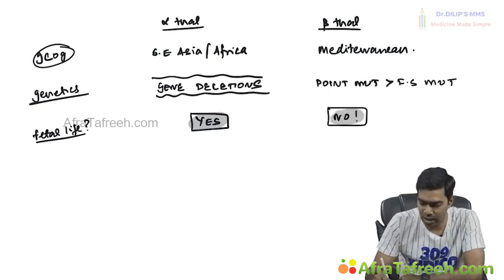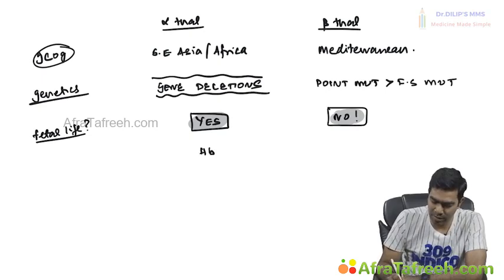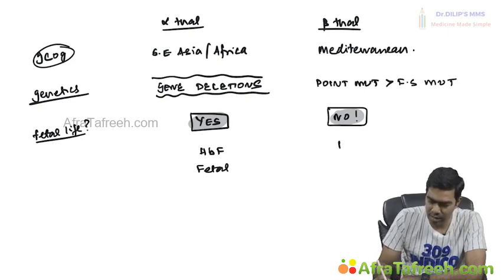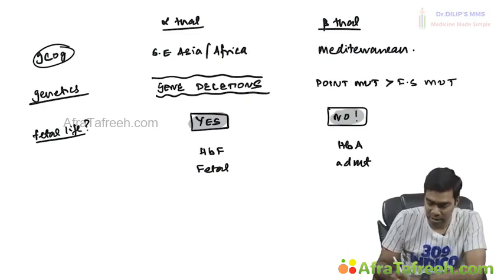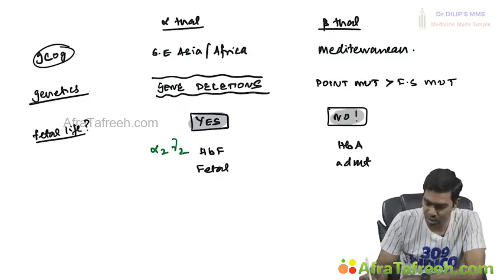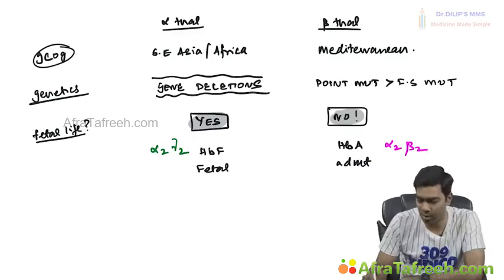The reason is that there are two hemoglobins. In fetal life you need HbF, and in adult life you need HbA. HbF is alpha 2 and gamma 2 chains. HbA, which we call adult hemoglobin, is alpha 2 and beta 2 chains.